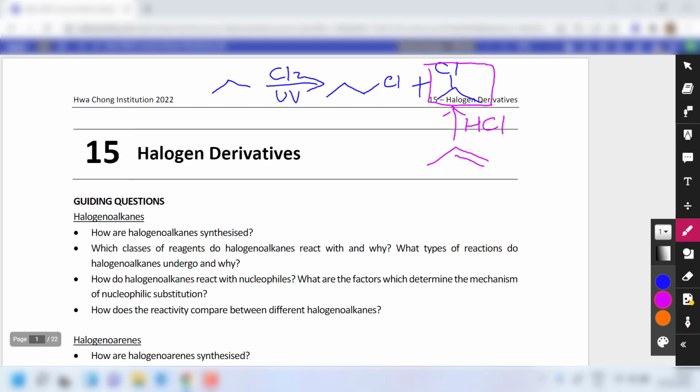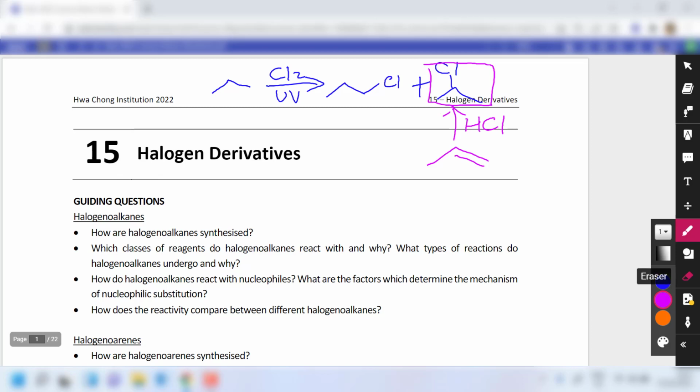Of course, it's not exactly exclusively 2-chloropropane; maybe you get about 80% or 90% of it. In a chapter under alkenes, you learned about the stability of carbocations because in electrophilic addition, it goes through an intermediate known as a carbocation.